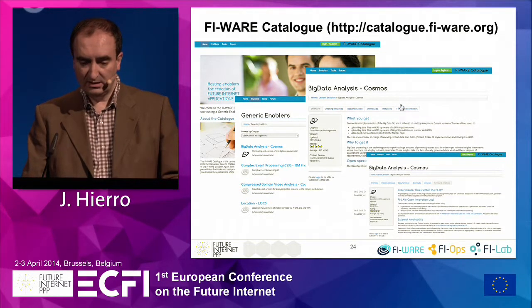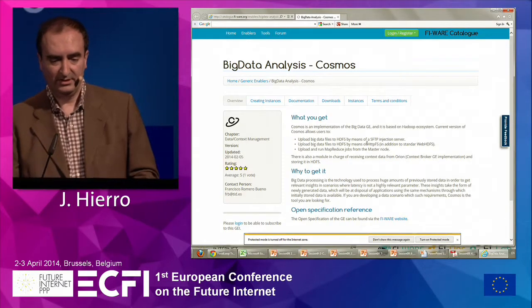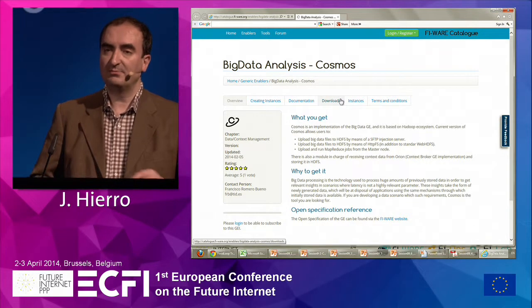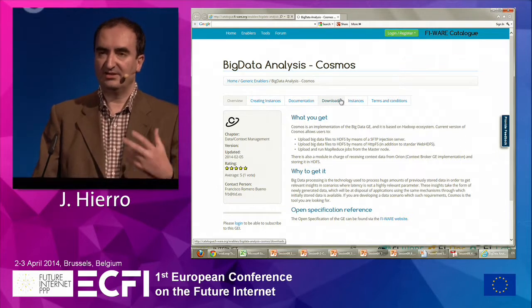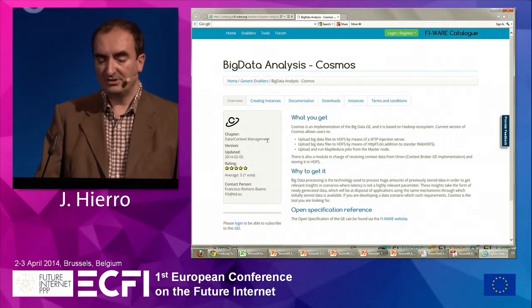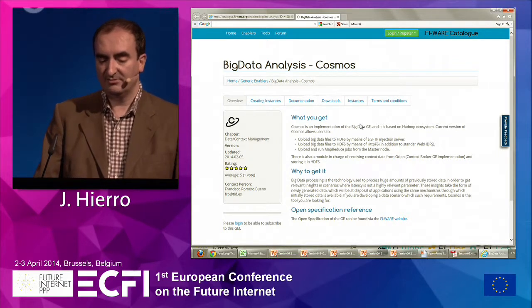Very importantly, let me show you briefly, there is the notion of a catalog, where you can actually go and explore all the information that is available from the different generic enablers. Here I have opened the screen for a specific enabler, which is the big data platform that I talked about before.